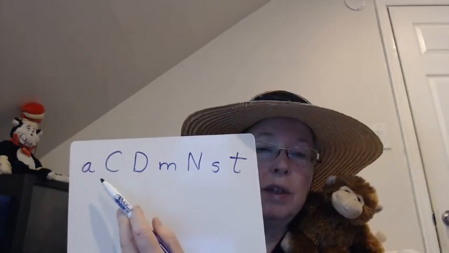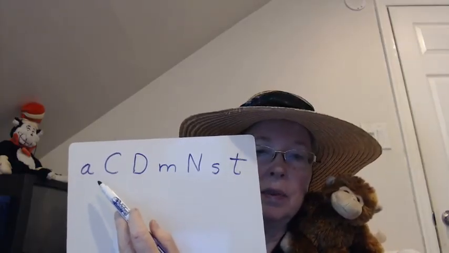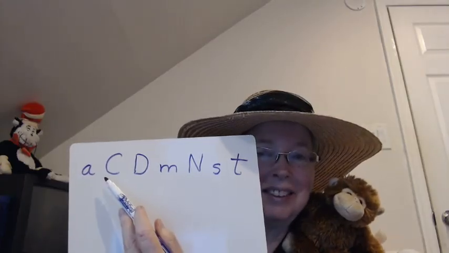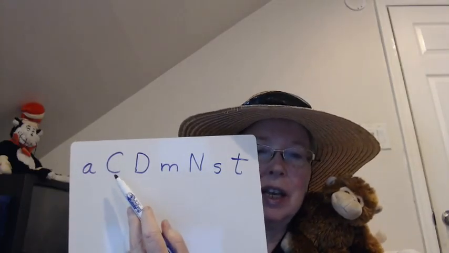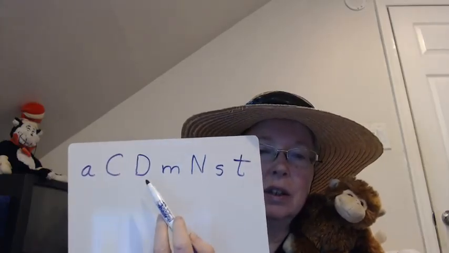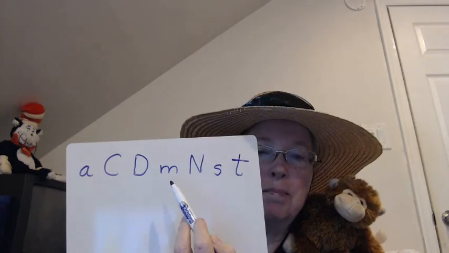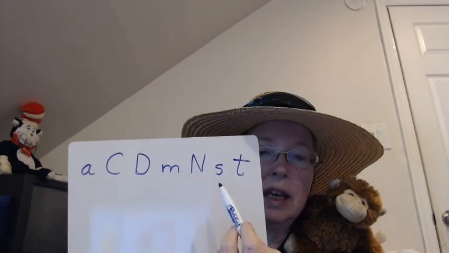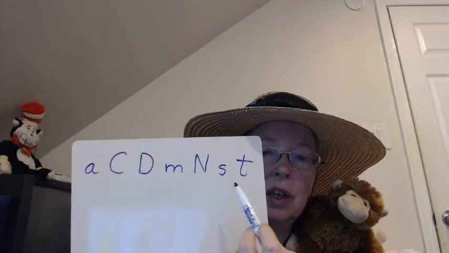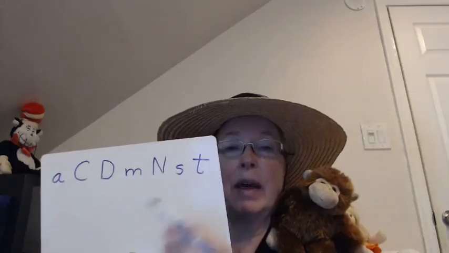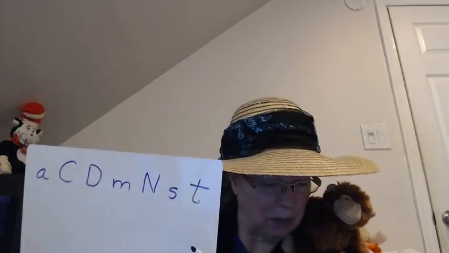All right, let's go ahead and go over the sounds that these letters make. The letter A, as in apple. Then we have the letter C, k, D, d, M, N, S, and T, t. Let's go ahead now and build our words.